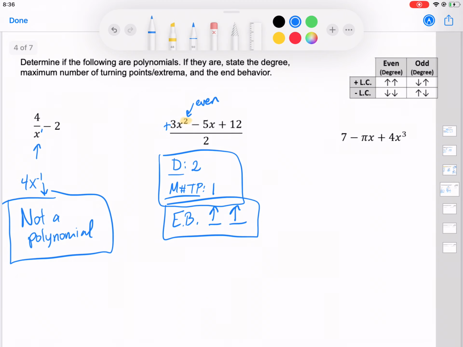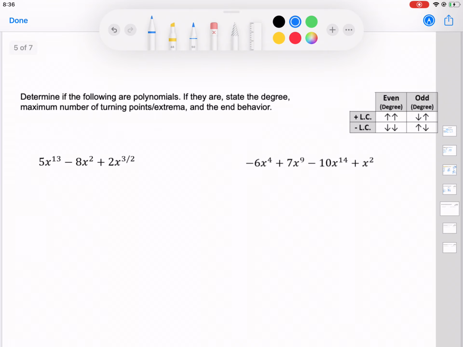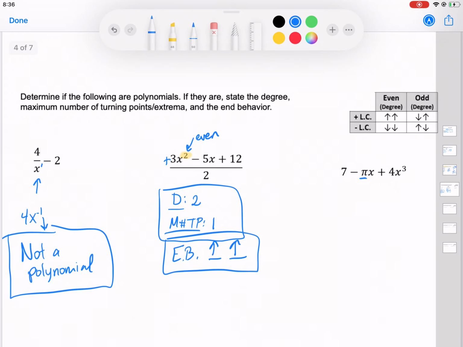Let's go to our last one. On our last one, once again, it's actually still a polynomial. Just because there's a pi in here, that pi is still a real number. It's not imaginary. So we're good to go. All the exponents are integers, so we're good there.